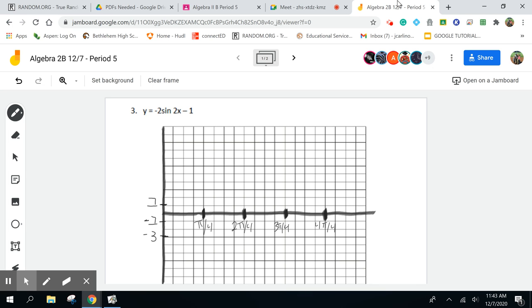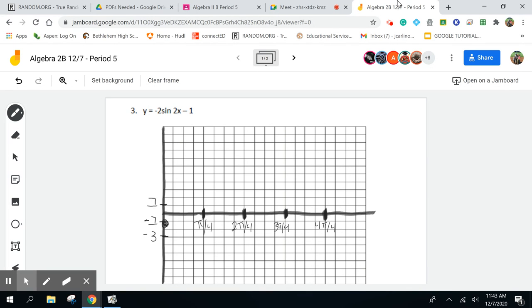Sine starts where? Midline. Midline, which is now what for us? Not 0. -1. So -1, we're going to start it out with. Make your little dot there. I don't have a pen, so it's hard. What are you doing, your finger? Yeah. You got to do what you got to do.